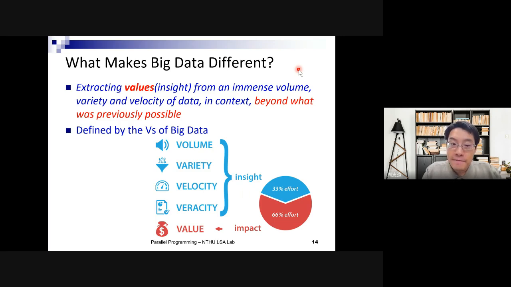So maybe a 10 terabytes data processing problem may have been a big data problem 10 or 20 years ago, but today maybe it is not a problem at all, right? You can use classic or traditional tools to solve that. Then it is not a big data problem. Okay, so it all depends on what tools are required to process the data.